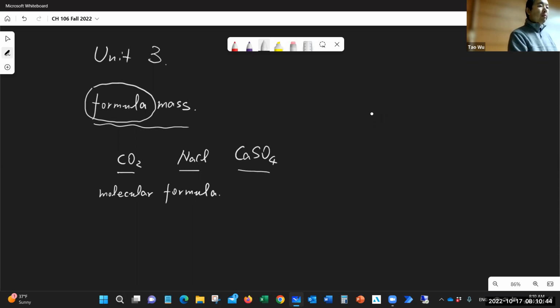Another kind, maybe you see, especially for organic compounds like alcohol, some people write it like this. This is ethanol.